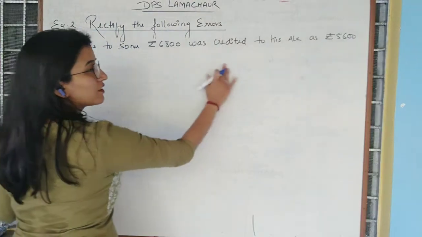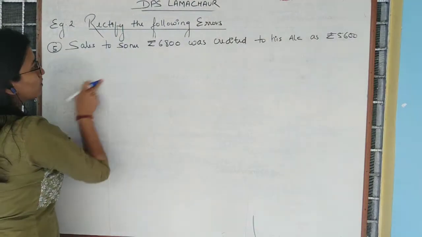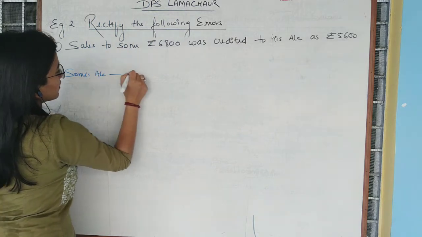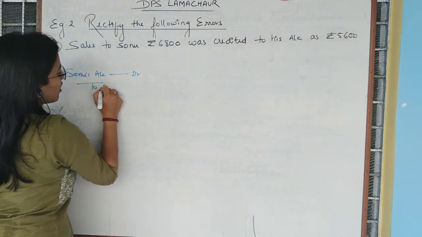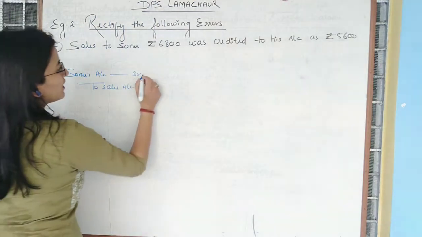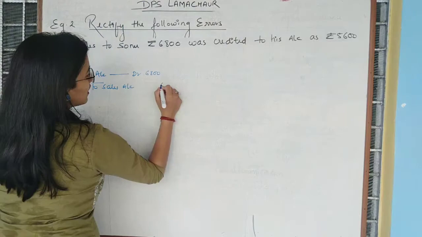Now journal entry for this transaction will be sales to Sonu is Sonu's account debit to sales account, and the amount should be 6800.